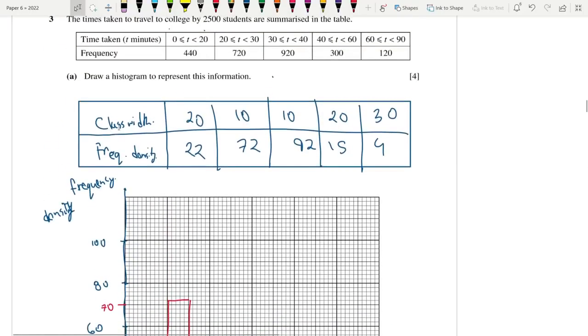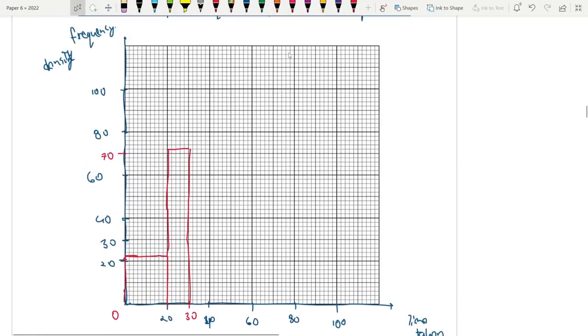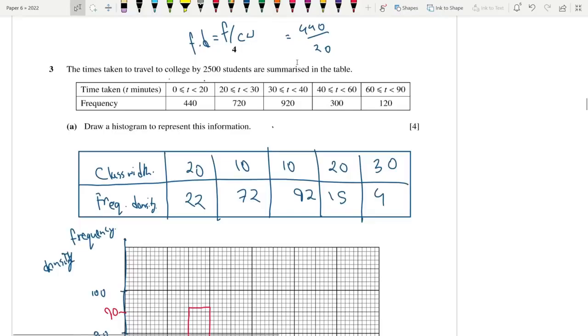Next, 30 to 40 is 92. This is 90, so 92 is over here. Next, 40 to 60 is 15.